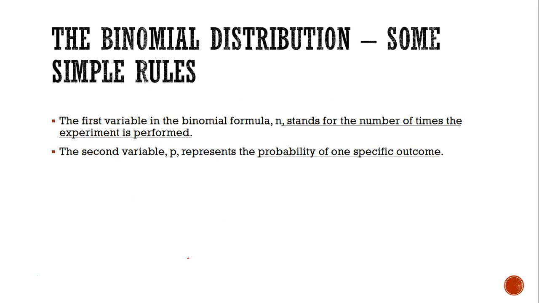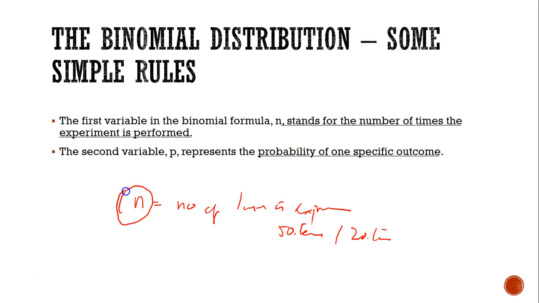So typically we use the letter N to depict the number of times the experiment is performed. And in business, this is the sample. I'm going to look at 50 items, for example, or 20 items, and I'm going to pick them one after the other, right? And so we refer to that with the letter N. The second variable, P, is the probability of one specific outcome.